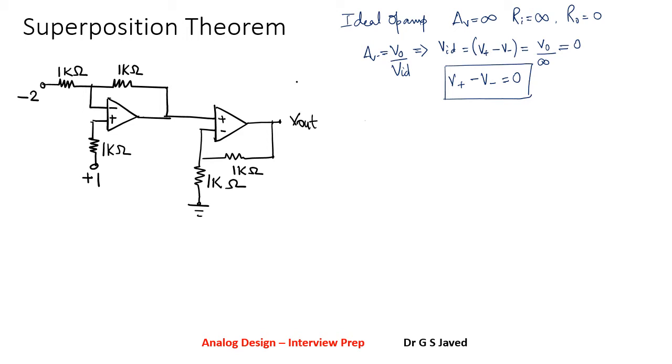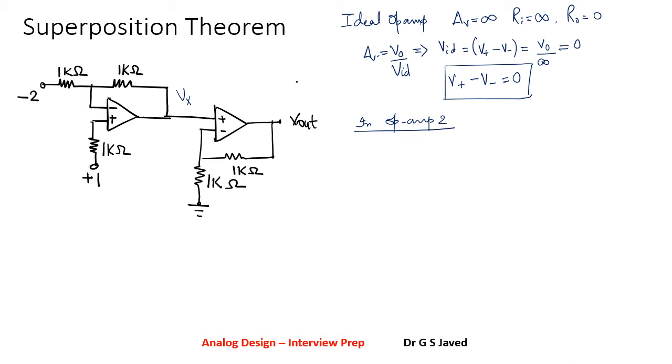Now in op-amp 2, we see that the input is connected to the non-inverting terminal of the op-amp. So let us call this non-inverting terminal voltage Vx.